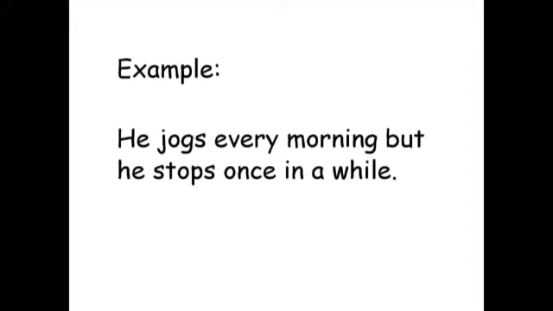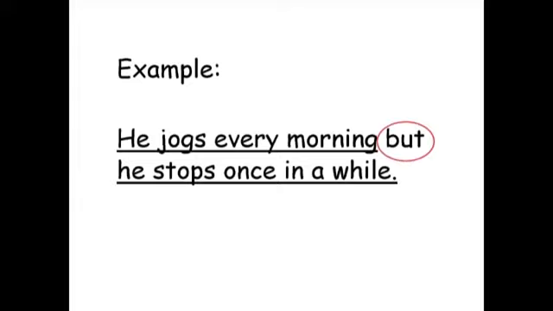Now back to our examples. Let us now try to combine our two sentences by adding a coordinating conjunction. He jogs every morning, but he stops once in a while. As you can see, two independent clauses are present but connected by a coordinating conjunction, but.